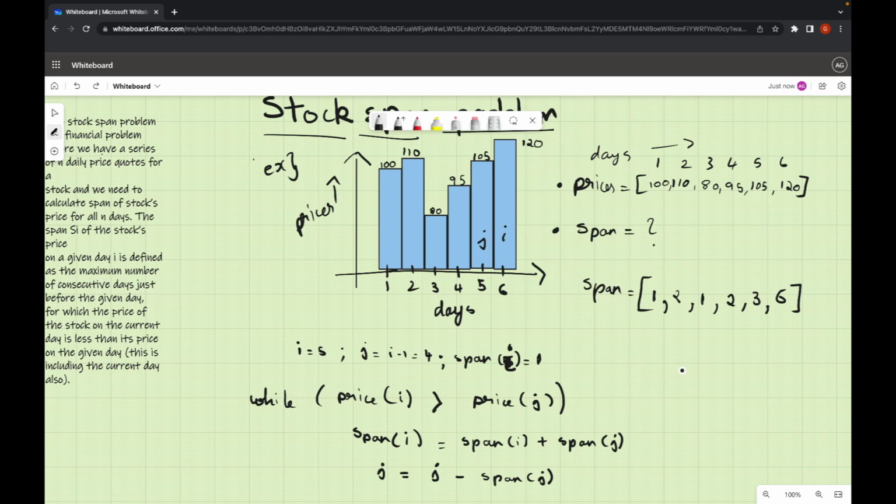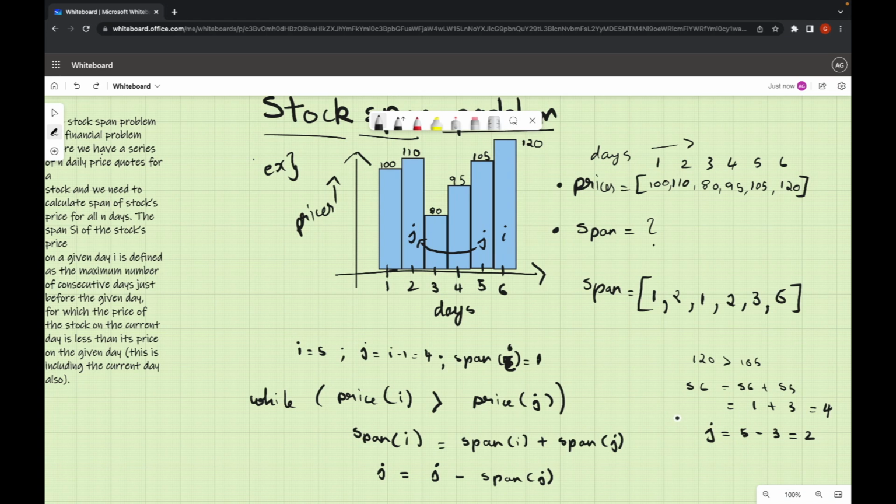Since 120 is greater than 105, the span on 6th day is equal to span on 6th day plus span on 5th day, which is 1 plus 3, which is 4, and j is equal to 5 minus span of 5th day, which is 3, which is 2. So your span on 6th day is currently 4 after the first iteration, and the jumping pointer has jumped from 5 to the 2nd day.